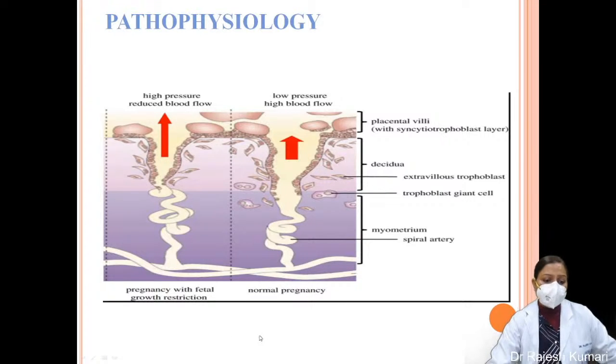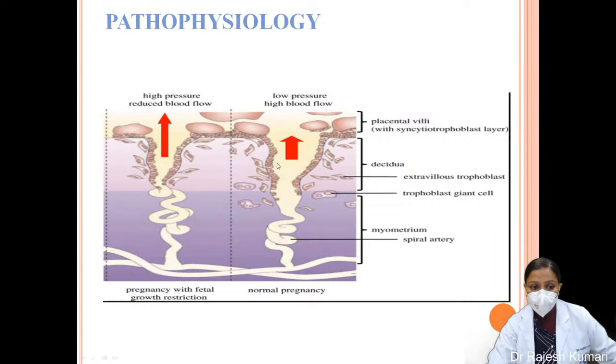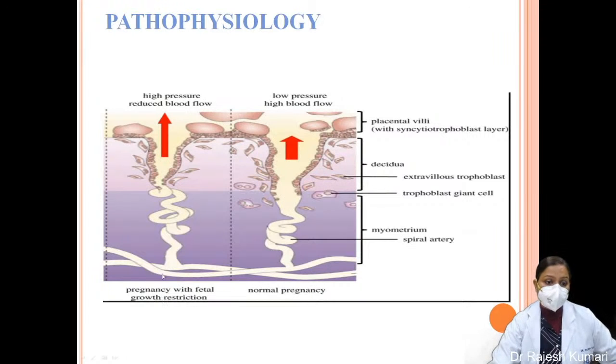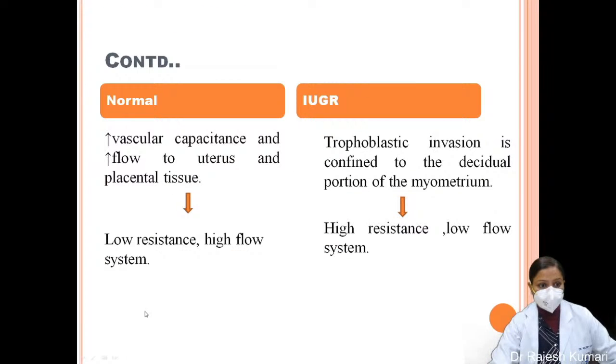This is the pathophysiology. In normal pregnancy, there is spiral artery in the myometrium, trophoblast giant cells, extravillous trophoblast, the decidua, placental villus and the syncytiotrophoblast layer. And there is low pressure in the spiral arteries, so high blood flow. But in pregnancy with fetal growth restriction, there is high pressure in the spiral arteries and reduced blood flow.